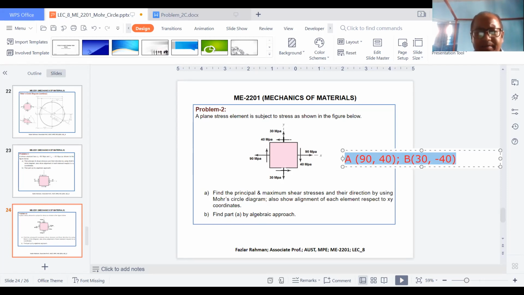So point A, 90, 40, and point B is 30, minus 40.